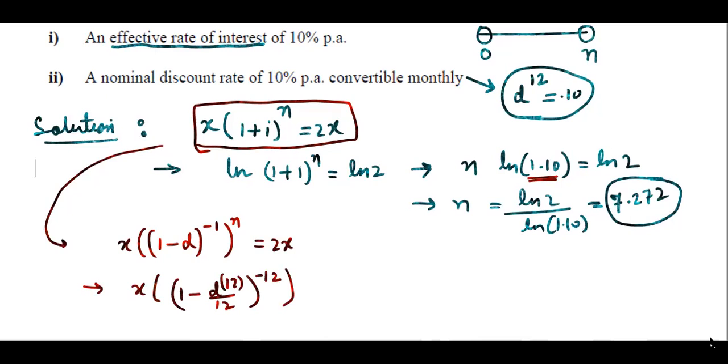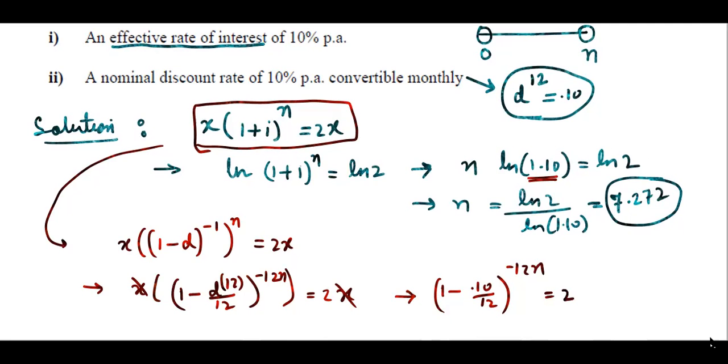N also I can write here. 2x. You can cancel x from both the sides. Then you put 10% here. 1 minus 0.10 divided by 12 power minus 12n is equal to 2. You take log both the sides, ln.